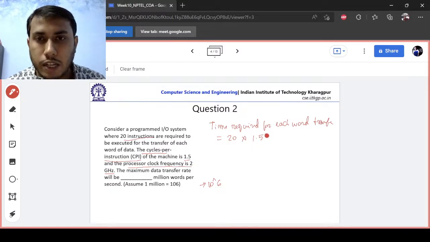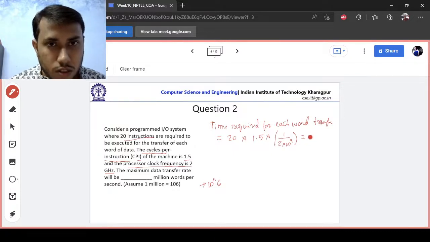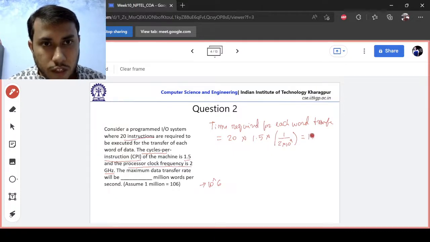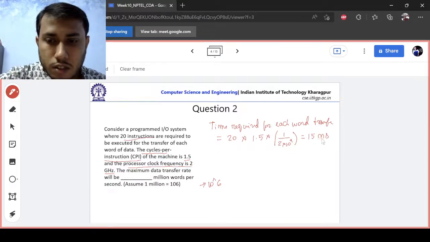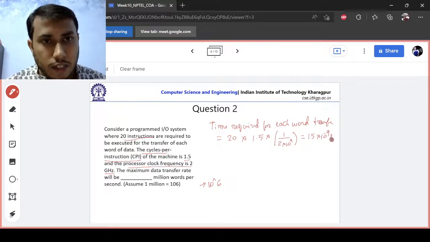Clock frequency is basically 1 by time period, so the time period will be 1 by 2 into 10 to the power of 9 seconds. So the time required per word will come out to 15 nanoseconds, that is 15 into 10 to the power of minus 9 seconds.